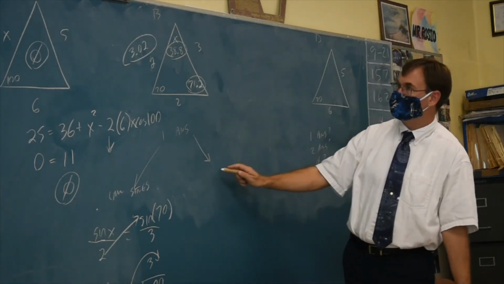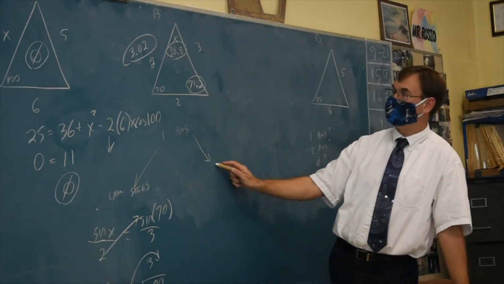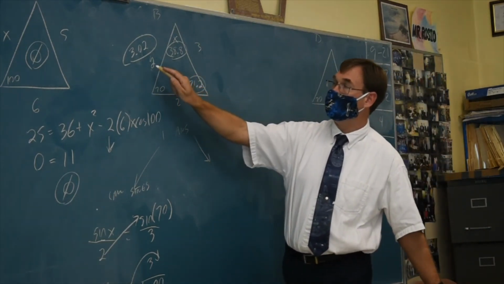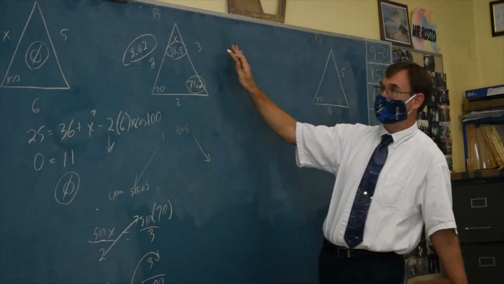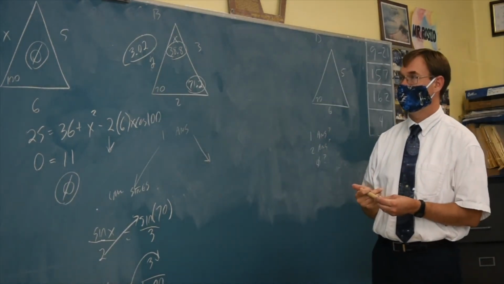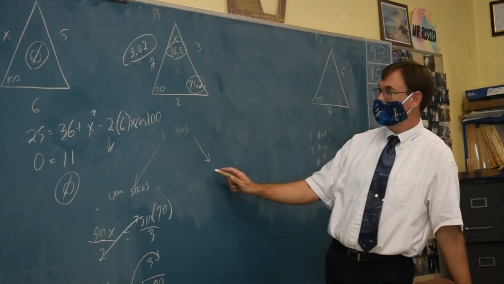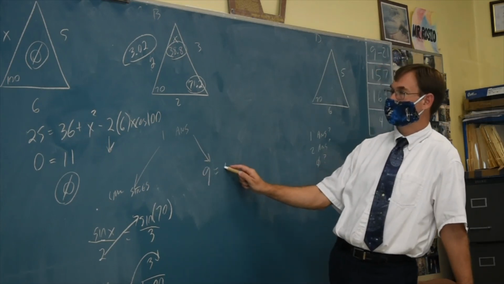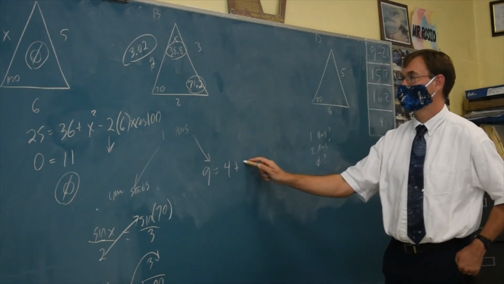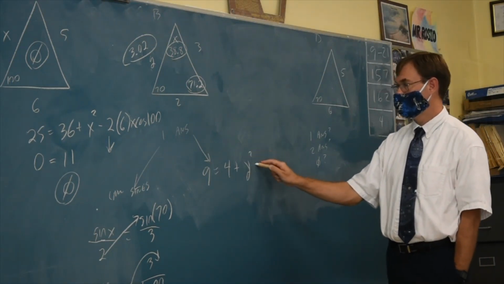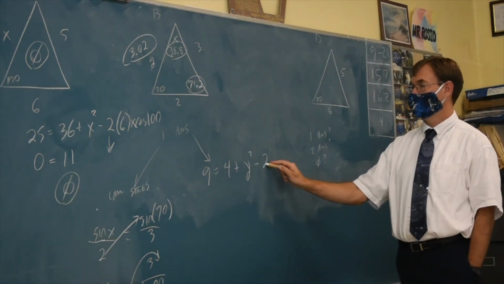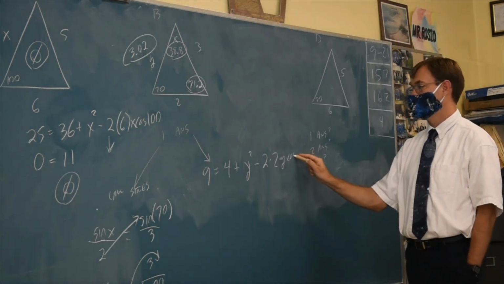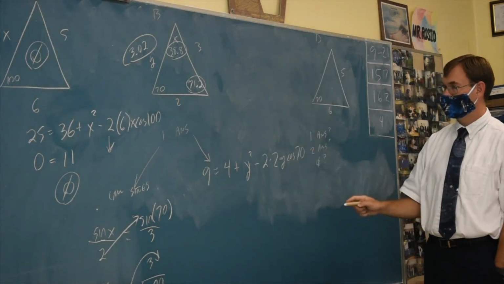Not using law of sines, using law of cosines, how would it set up? If our only goal is to get the y, and we don't care about the angles, because that's how the homework will be set up tonight. 3 squared equals 2 squared plus y squared minus 2 times 2 times y times cosine 70.